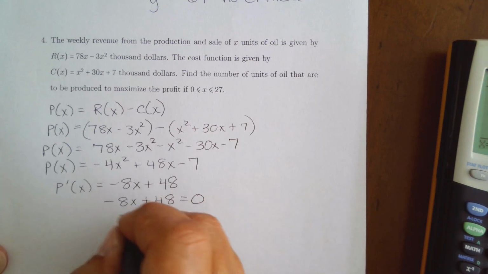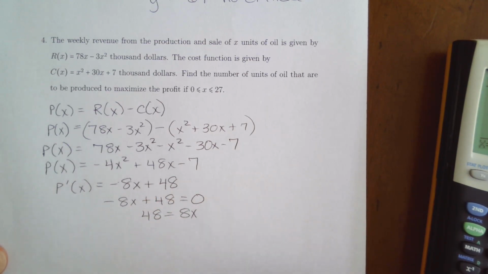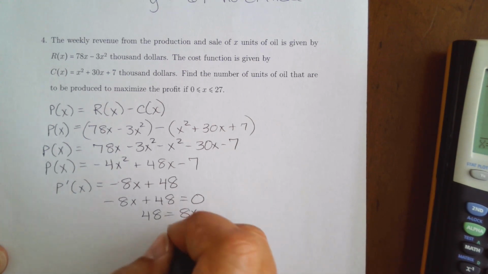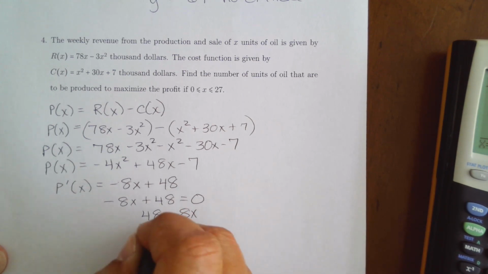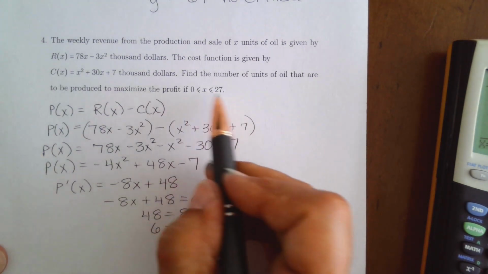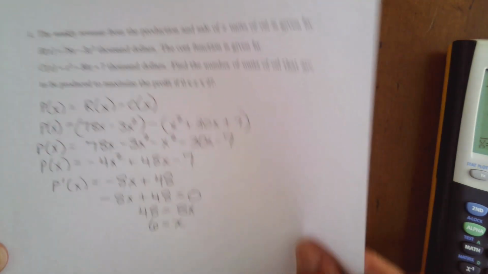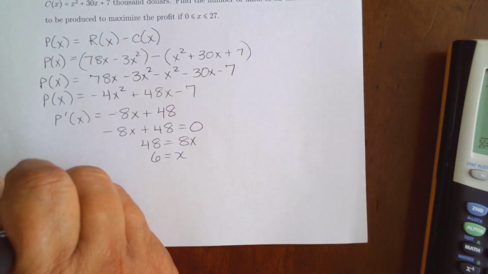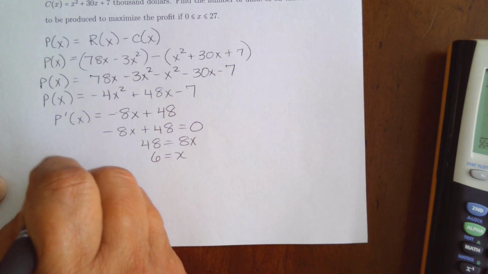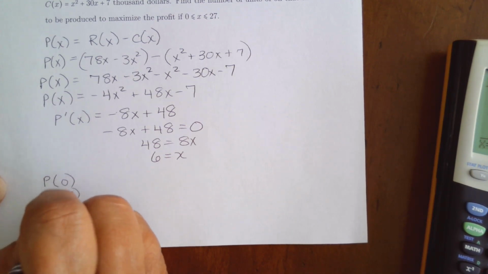So I'm going to move the negative 8x over to the other side to make it positive. Divide both sides by 8. 48 divided by 8 is 6. So there's a critical number, which is between here. Okay, so I want to find the profit function at 0, at 27, and at 6.